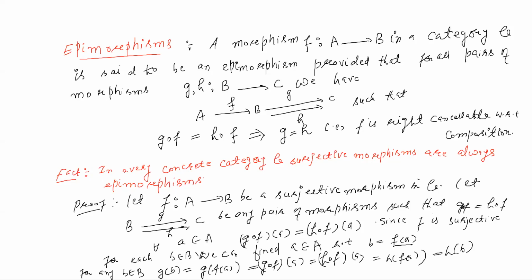So for any b in B, G of b is same as H of b. So it means G is same as H. So this means F is EP. Epimorphism in short we call it EP. So in any concrete category, surjective morphisms are always epimorphisms. We will see that the converse is not true in general. But before that, we will discuss some concrete categories where epimorphisms are precisely surjective morphisms.